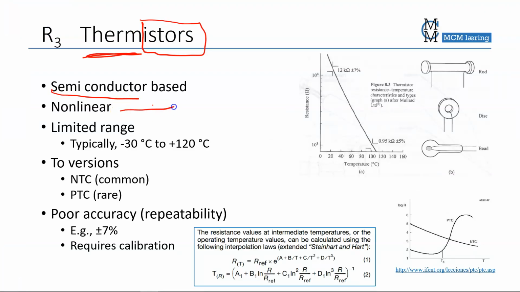They are very nonlinear. Remember that the PT100s are quite linear, but these are nonlinear. They have a limited range, typically -30 to +120 degrees, but of course I've seen a bit more, but not extremely extreme temperatures. However, note that these temperatures are well within the range that we find in our everyday life.